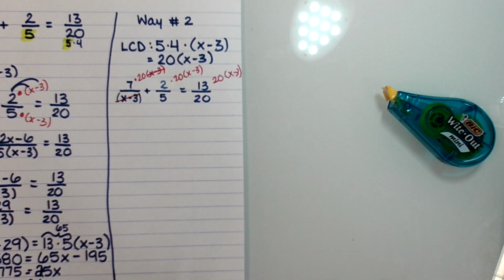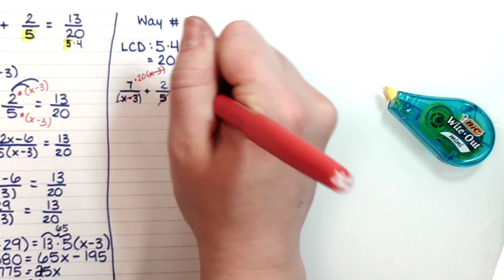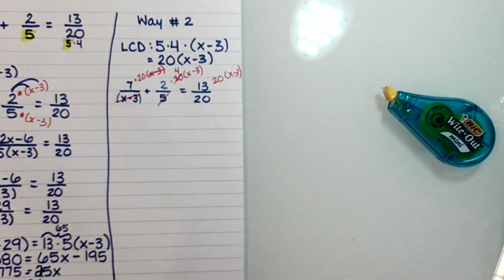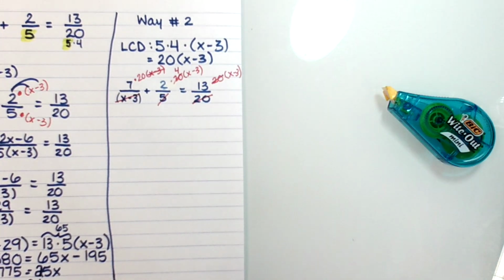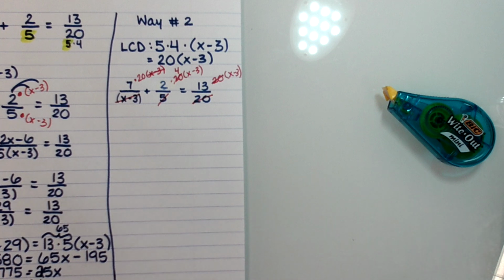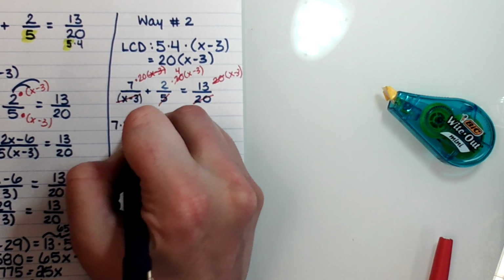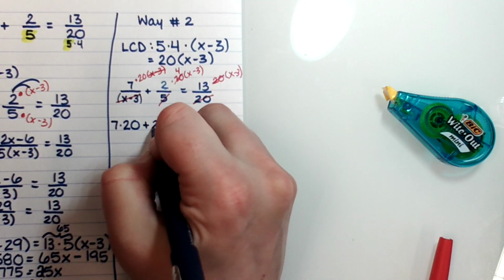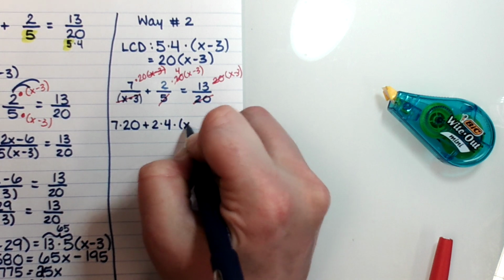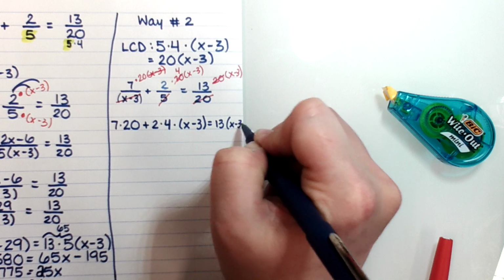Out of this one has to cancel out a 5. The 5 is going to cancel with the 20, leaving a 4. Divide, not subtract. Out of the third fraction, the 20 is going to cancel out completely. I am left with 7 times 20 plus, keep an eye on this sign, 2 times 4 times x minus 3 equal to 13 times x minus 3.